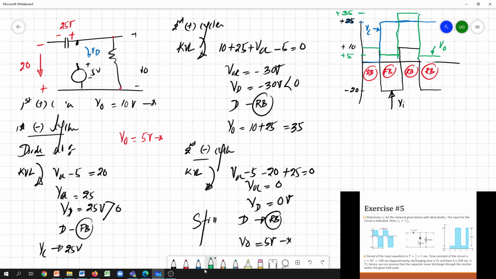Okay. So if you consider the rest of the cycles after that, you can find that this pattern is basically repeating.